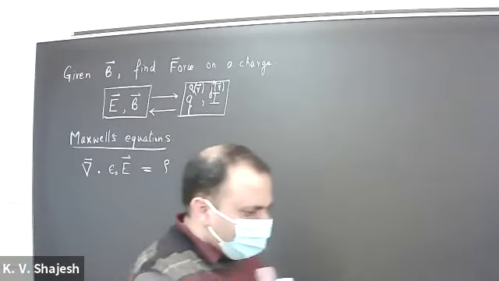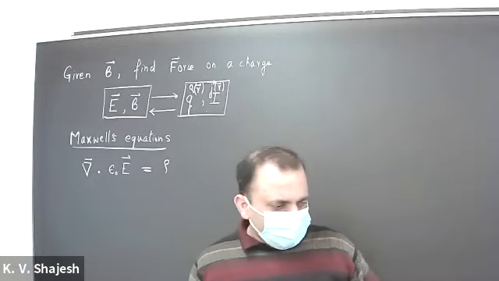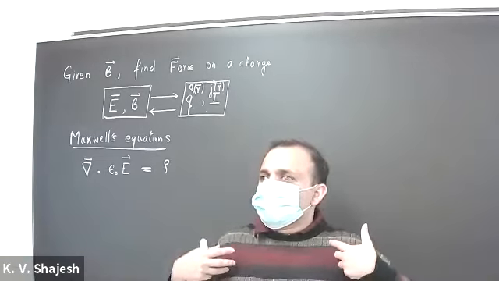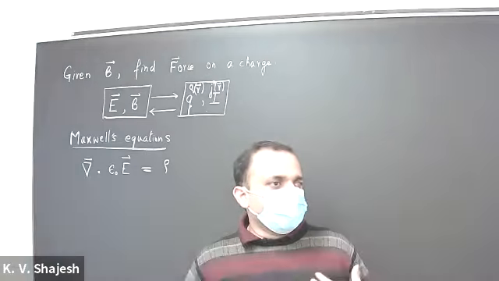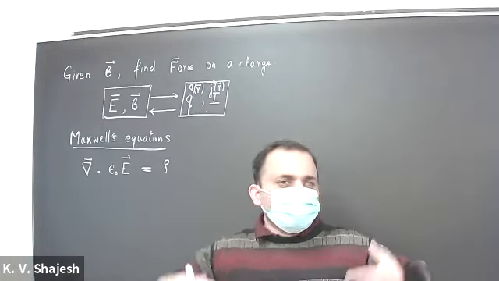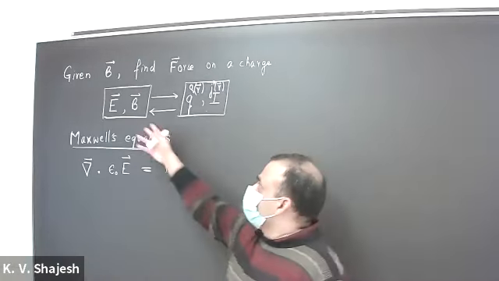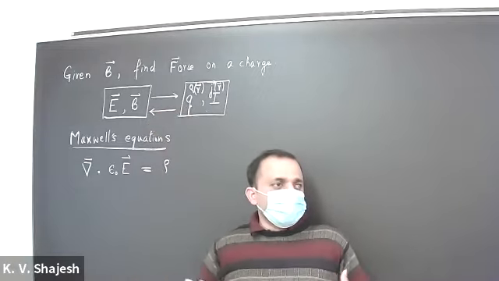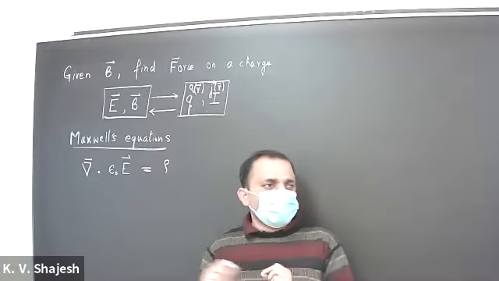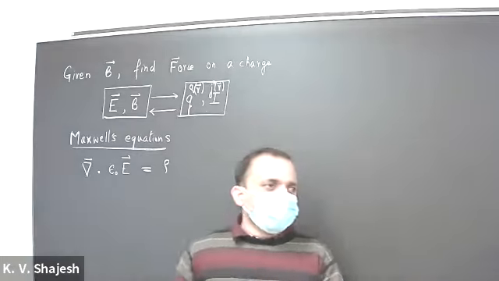It's like saying that when you shoot a bullet, there is a back reaction on your side, right? You get affected. That we are neglecting. We are saying that whoever is creating this, the charges, is so massive that the effect is negligible, so you can neglect that.